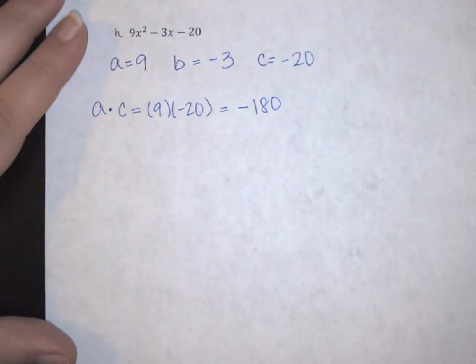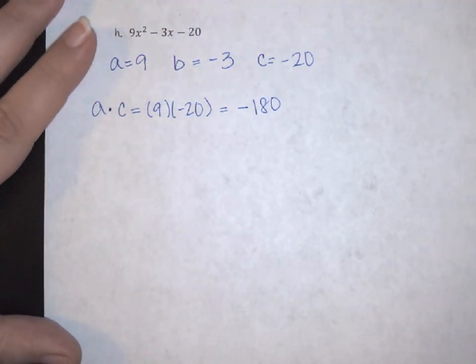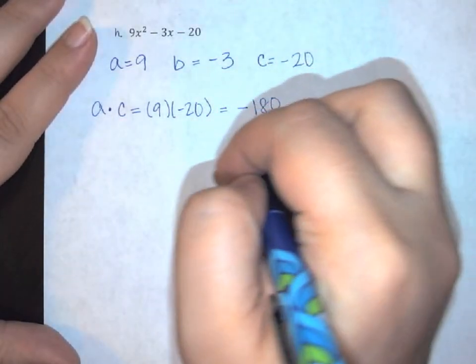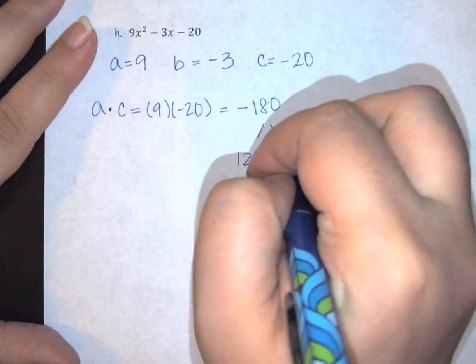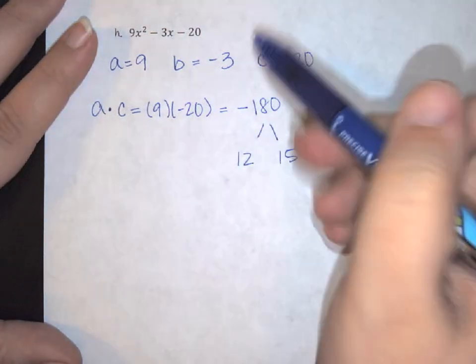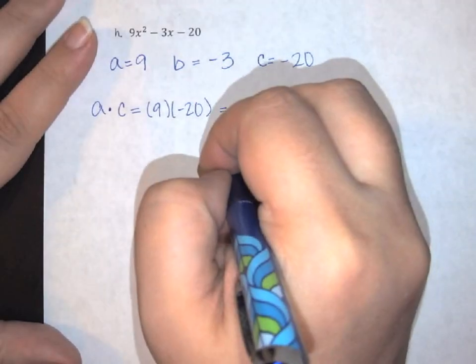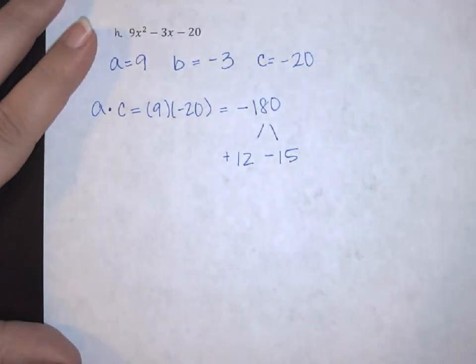I need a combination of 180 that is going to give me negative 3. To speed things up, I know a combination of 12 and 15 should work. Because I want 3 to be negative, it means the bigger factor has to be negative. This leaves me with a positive 12 and a negative 15.